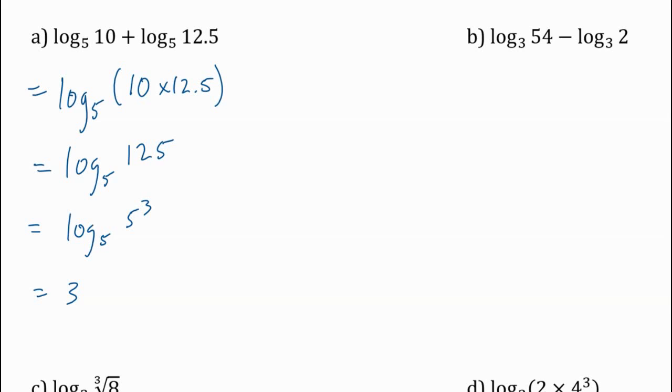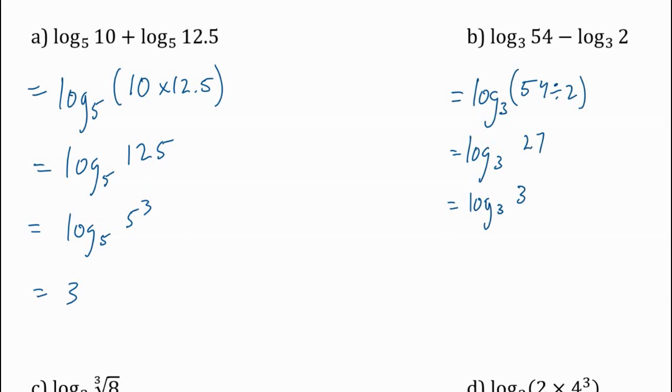So we can divide their arguments. 54 divided by 2 gives us 27. 27 is 3 cubed, which equals 3.